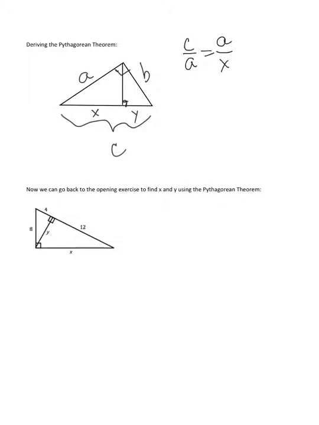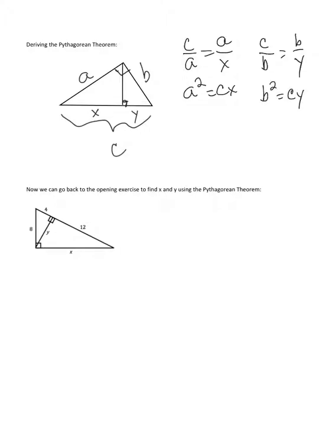When you cross multiply that, you get A squared is equal to C times x. We're going to do the same thing with B on the other side. The leg is the mean proportional between the hypotenuse and that projection. So we get B squared is equal to C times y.